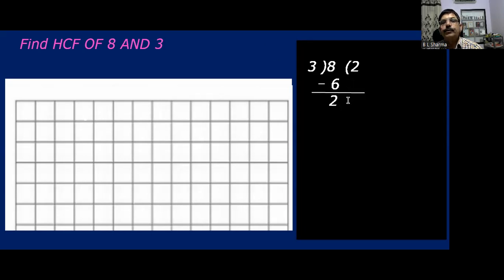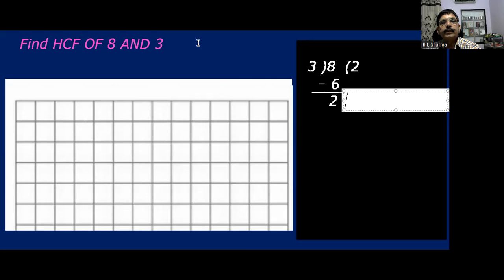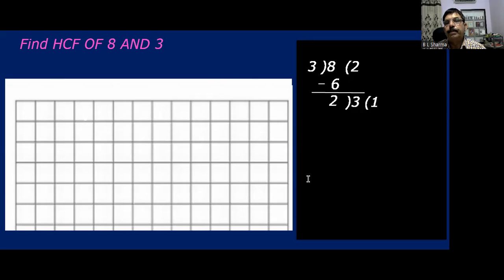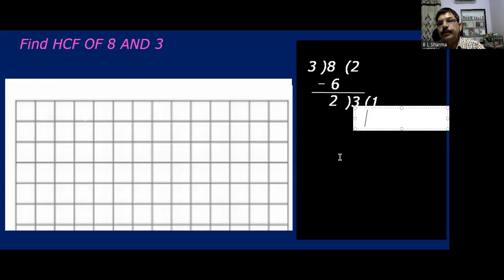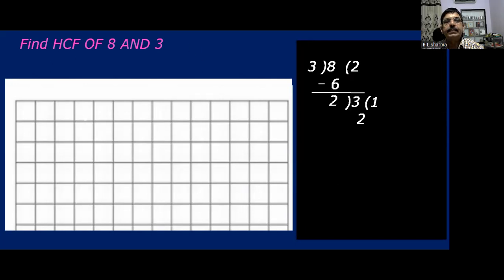Again, we divide 3 by 2. 2 ones are 2. But here it is 3, and thus we find that the remainder is 1.